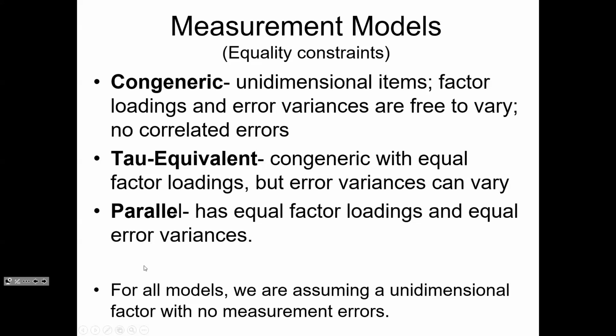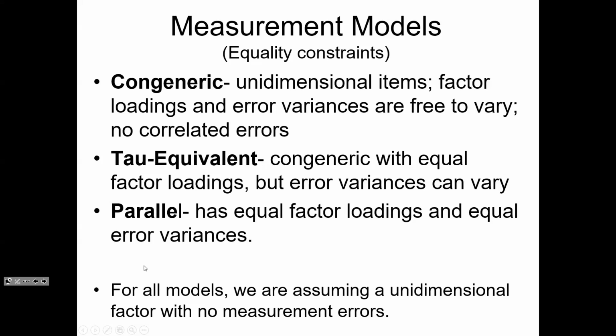So that's a tau equivalent model. So loadings are the same. And what does that really mean when we say that the loadings are the same? Really saying that the factor is equally predictive, right? Again, the loading is really like a regression weight or a slope, and it's really talking about how well the factor can predict responses to that item, right?